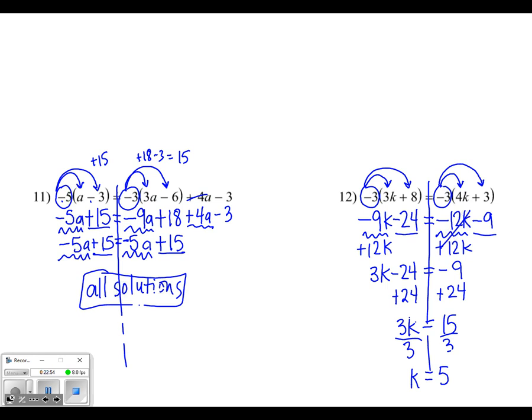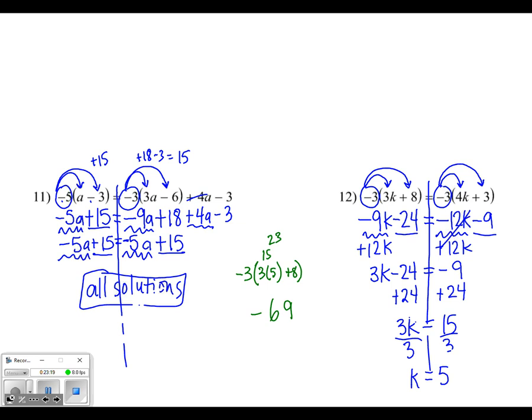And again, I'm going to check this. I'll write it in a different color. I haven't used any different colors this whole lesson, have I? -3 times 3 times 5 plus 8. 3 times 5 is 15 plus 8 is 23. -3 times 23 is going to be negative. 3 times 3 is 9 over here. 3 times 2 is 6. -69.